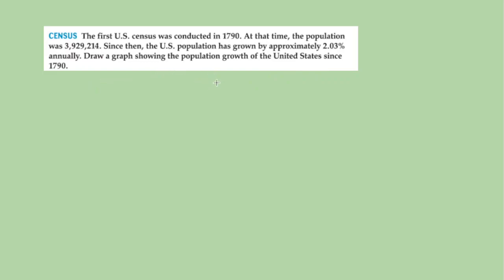Let's think about this. We're not really interested in drawing a graph. Let's pose a different problem, and this is more similar to what you're going to have to actually do.